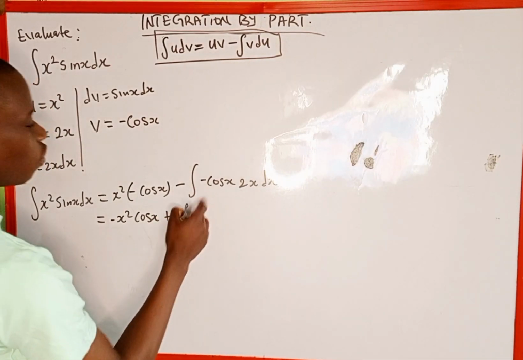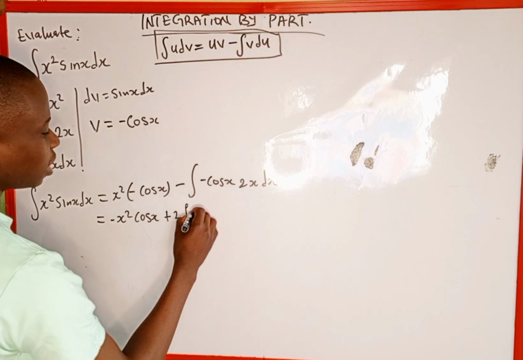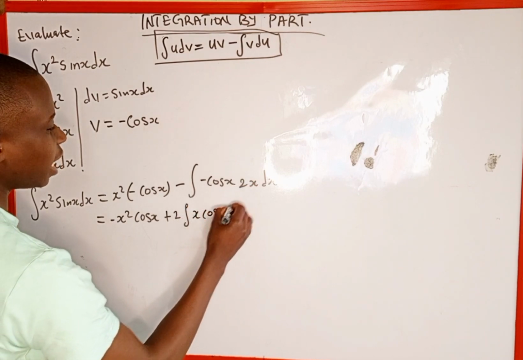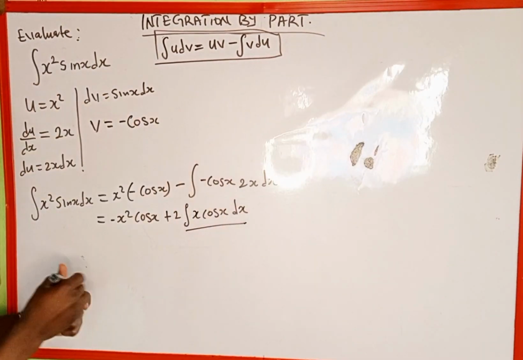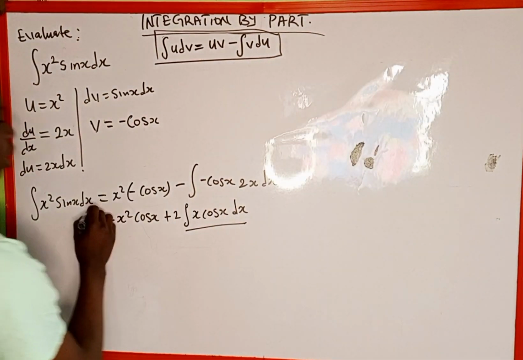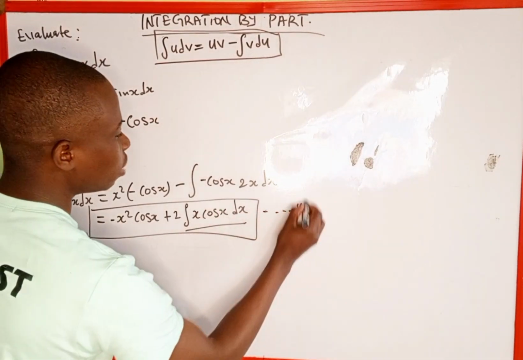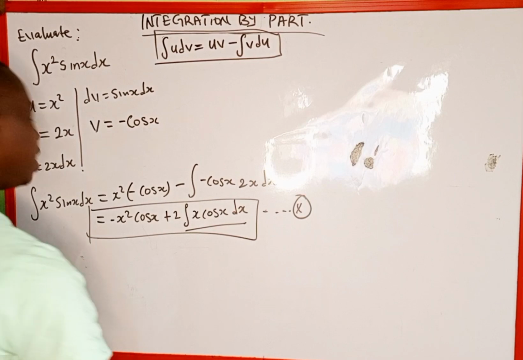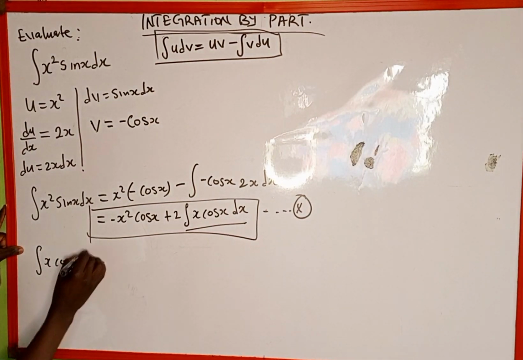The integral is going to remain cos x and x. x multiplied by cos x gives us x cosine x, then the dx. So if you look at this part, we are going to still apply integration by parts. So we keep this one, then we keep this one, then we bring out the integral of x cos x dx.